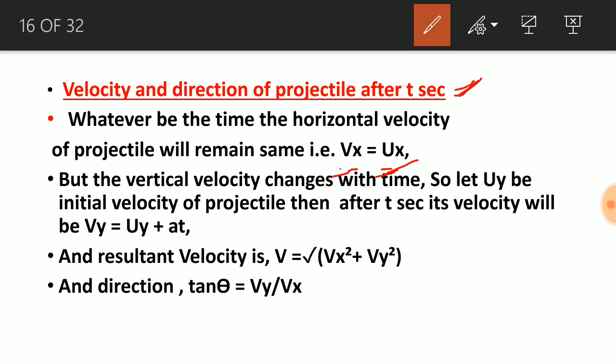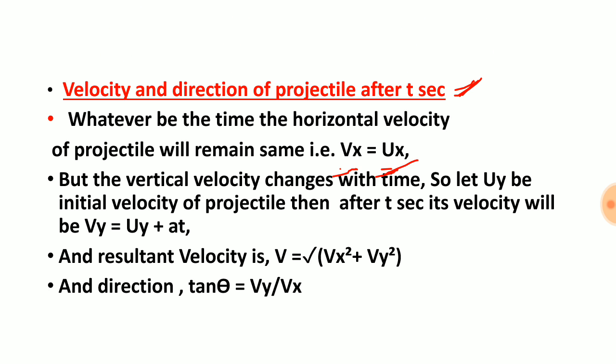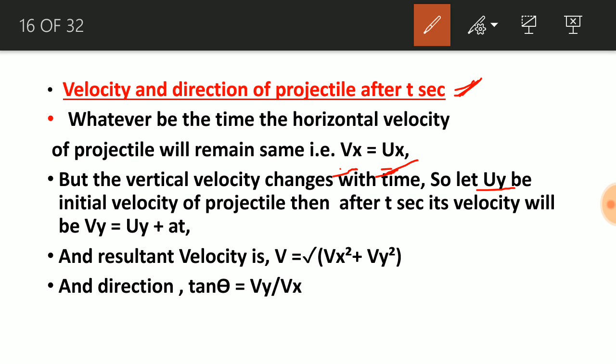If we know the initial velocity, the final velocity will be the same towards the x-axis, but for the y-axis, if uy is the initial velocity towards the y-axis, our final velocity will be like this: vy, the final velocity of the y-axis, will be the initial velocity of the y-axis plus acceleration into time.